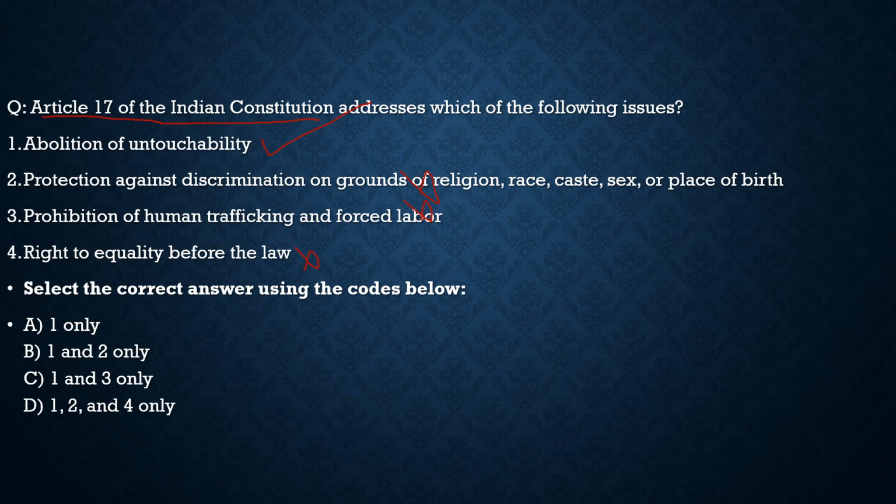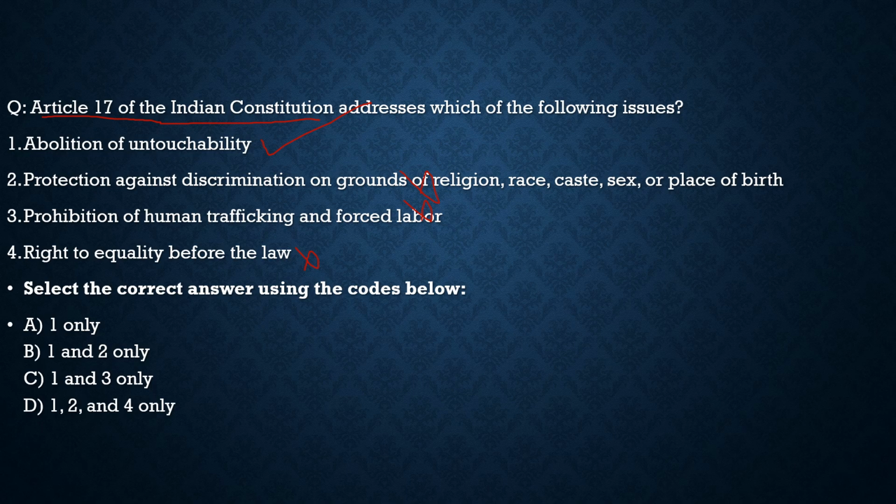They cannot go to court claiming there is a violation of Article 17. It can be restricted for certain reasons, for security purposes also. But in the overall context, it is against untouchability.